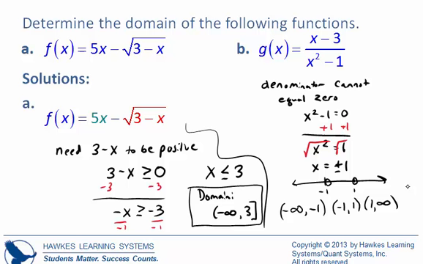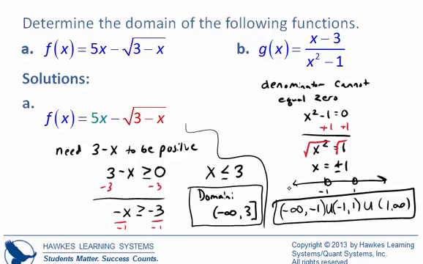We are going to put a union symbol in between each of these to indicate that these sets are unioned together to represent the domain. And so the domain of our expression will be from negative infinity to negative 1, from negative 1 to 1, and from 1 to infinity.